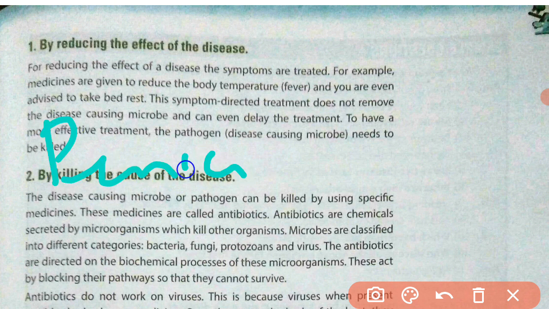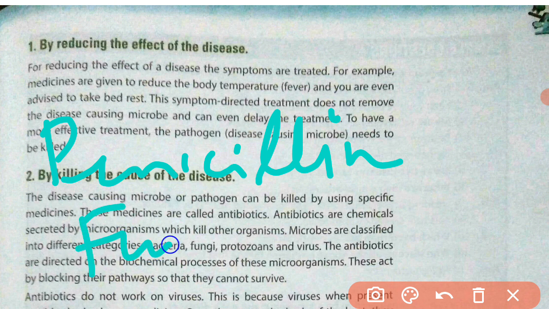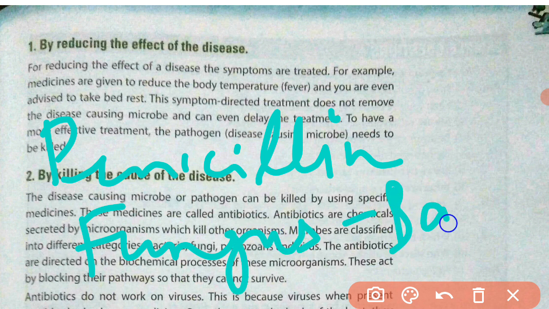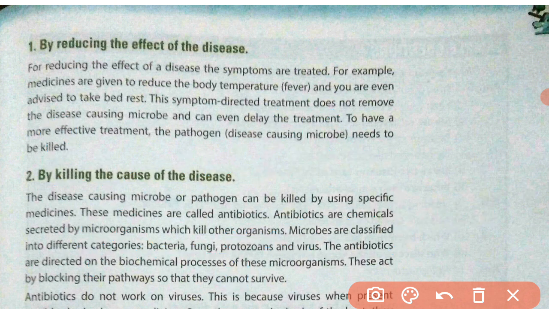Penicillin was the first antibiotic that was produced by the fungus, and that penicillin can kill the bacteria. So basically the antibiotics are the chemicals produced by microorganisms, and we use those chemicals to kill bacteria and other pathogens.